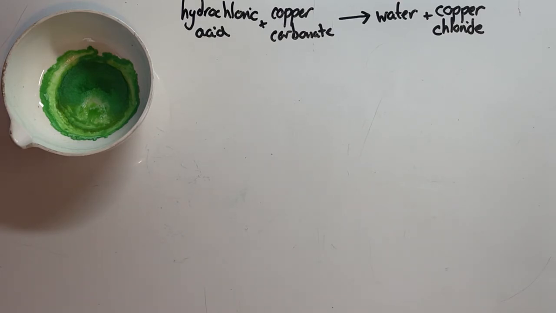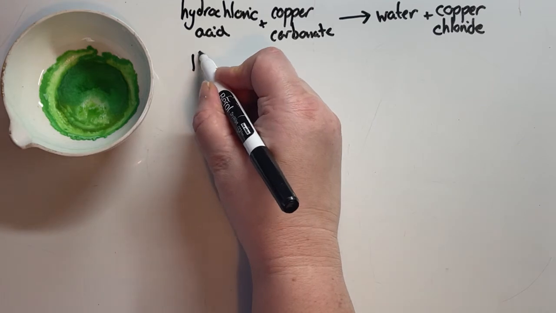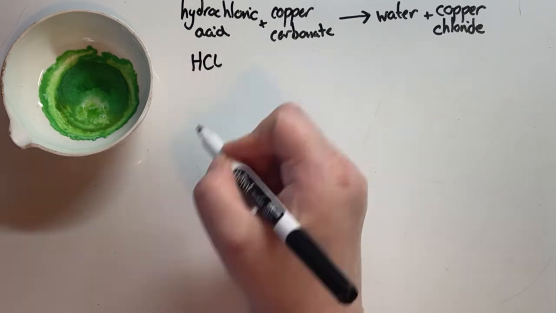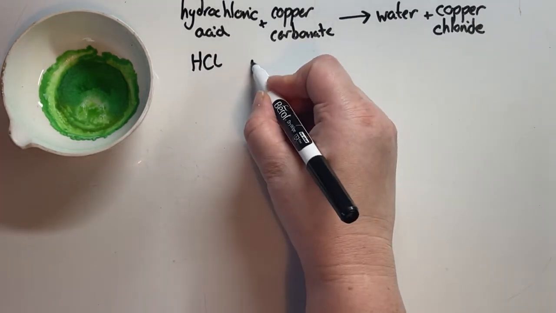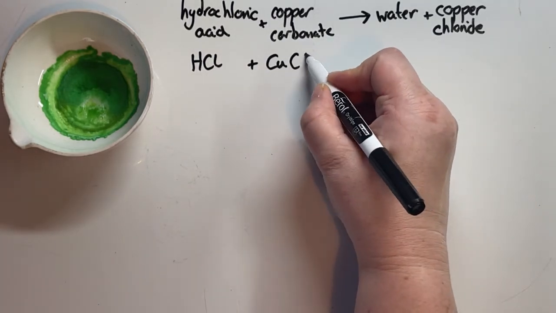But we clearly had bubbles formed, so we must have some gas. So again, if we look at the formula equation, we can work out what that gas is. So hydrochloric acid's formula is HCl. Copper carbonate's formula is CuCO3.